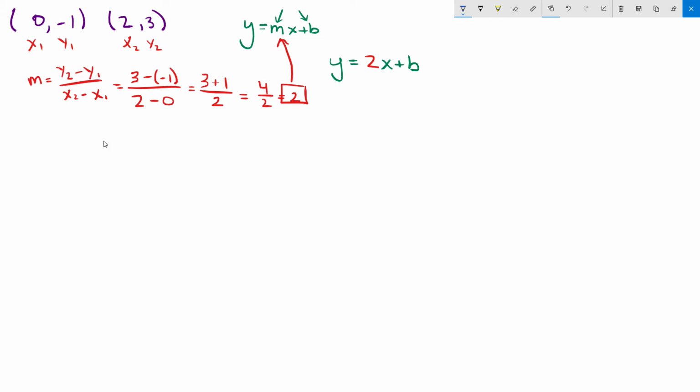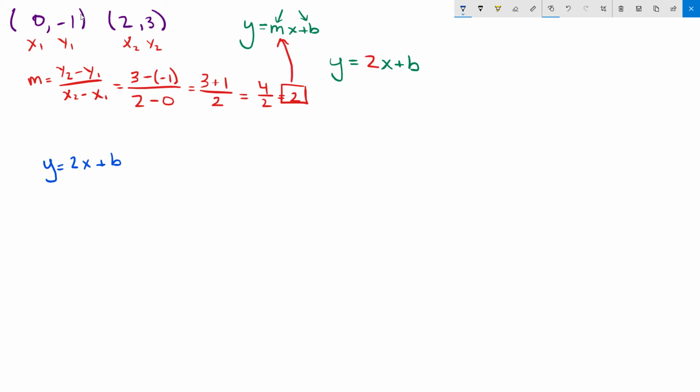So when we want to find b, we're actually going to use this new equation that we have, okay? If you notice, we now have m, and we just need our b, so we can actually use an x and a y from either one of these 2 points to find our b. So I'll show you what I mean. So we'll write y is equal to 2x plus b.